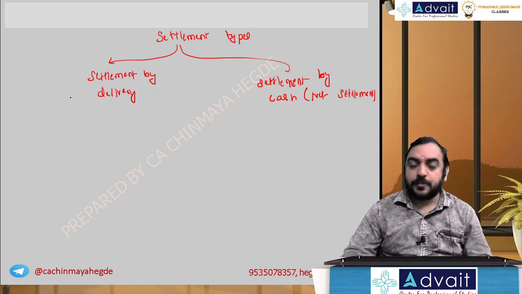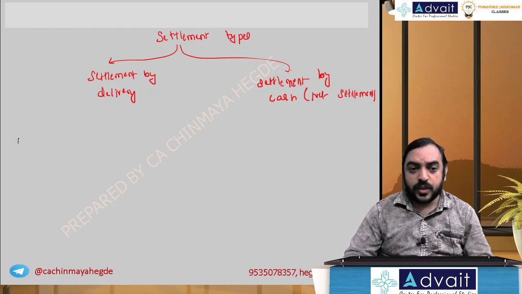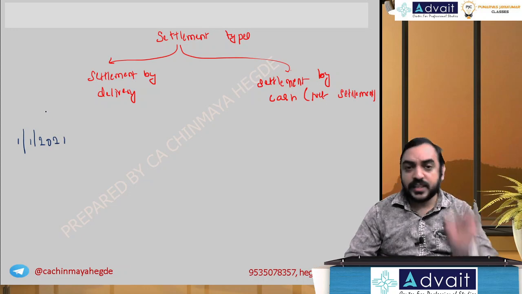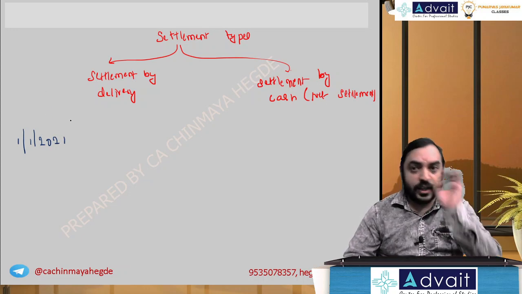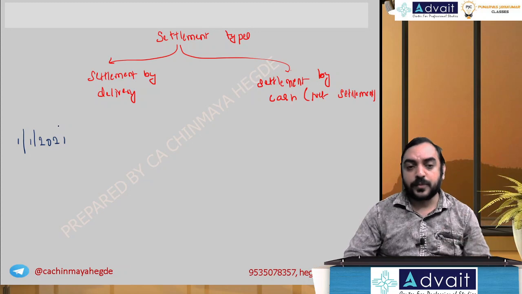One example. Let's say today is 1/1/2021, just for example purpose.